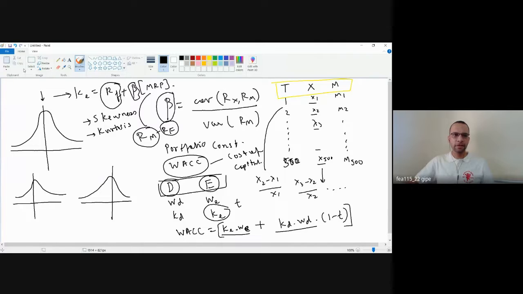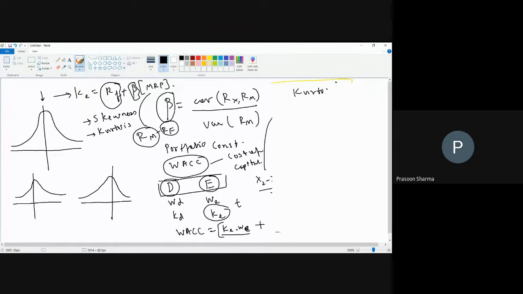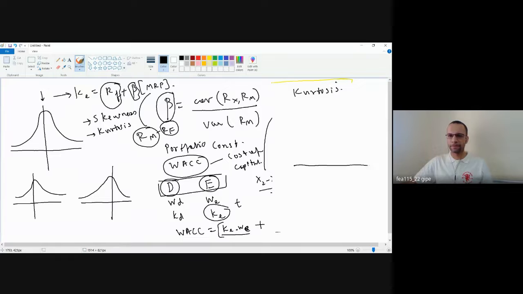Let me just erase one section of this screen. When I say kurtosis, what could be the meaning? Sir, it's about the peak, how peaked the distribution is. Okay, so let's say this is my normal distribution, the usual one. I can have one that could be like this, and maybe another.